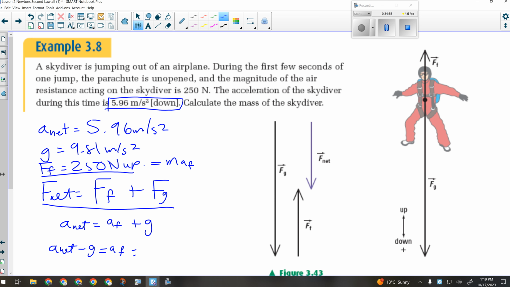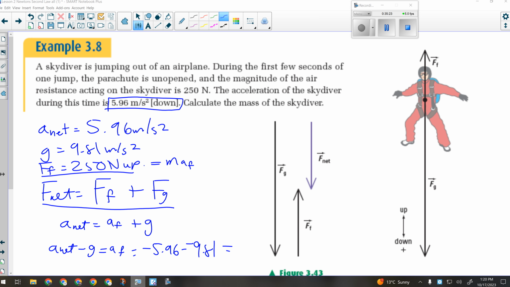And we're going to have negative 5.96 minus negative 9.81. They're both down after all, so they both need to be negative. That's going to give me my acceleration due to the force of friction.